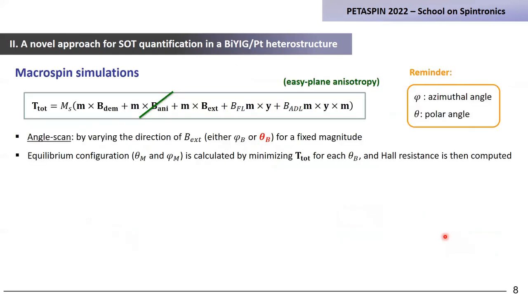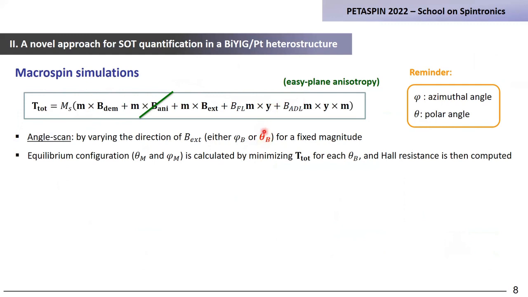Now let's move on to the macrospin simulation. Here we have the total torque that is acting onto the magnetization, which includes the contributions from the demagnetizing field, the external field, the field-like, and also the damping-like torque.